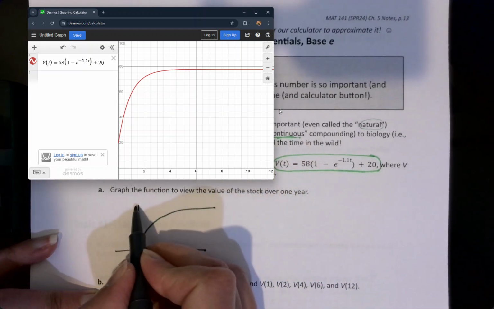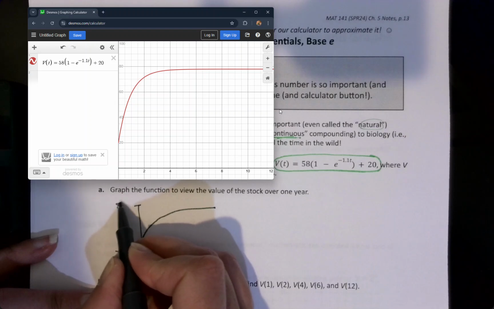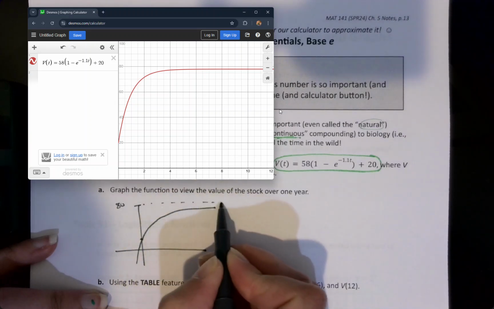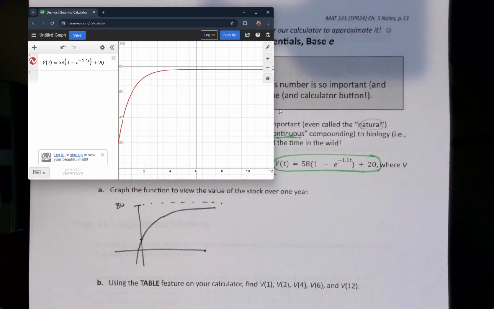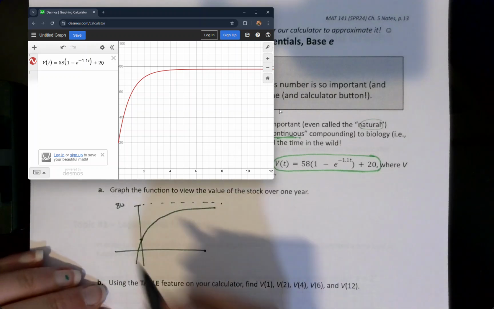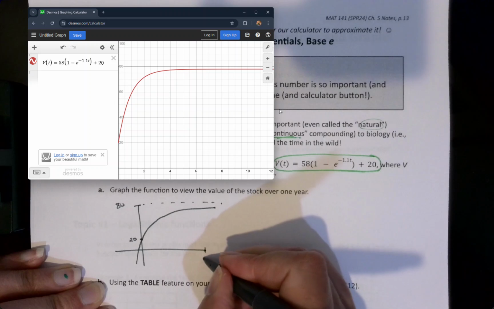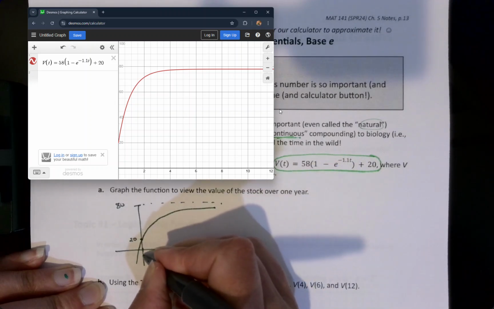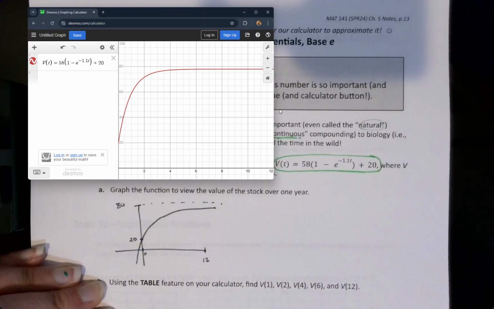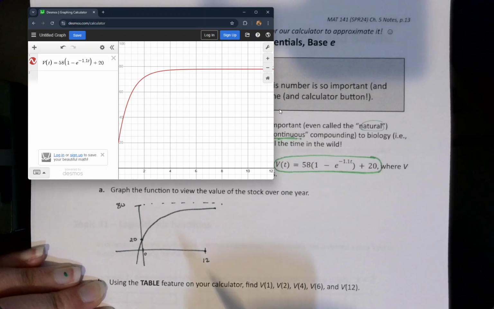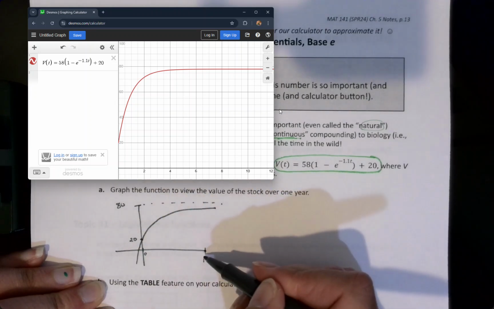And it looks like this is never getting above 80. There seems to be a horizontal asymptote on this graph. And right here we're at 12 months. Right here we're at 0. So a quick little sketch should include labeling on both axes.